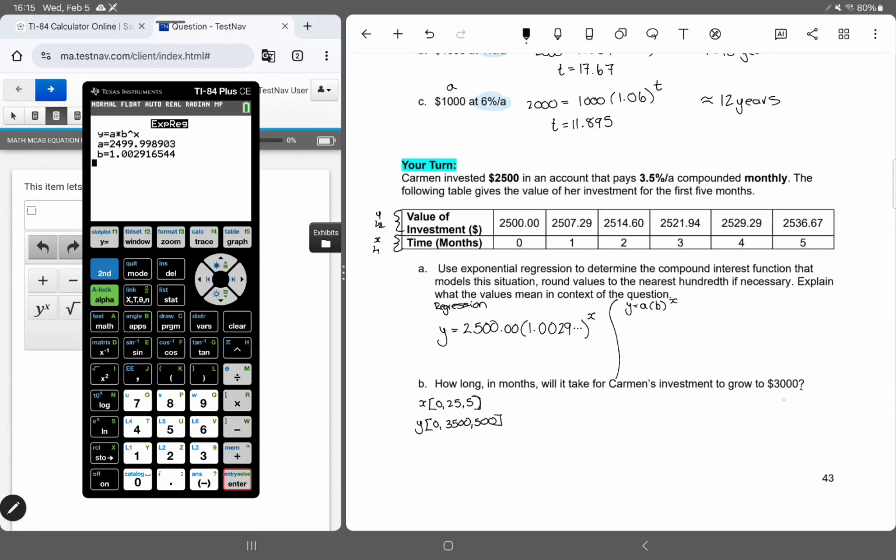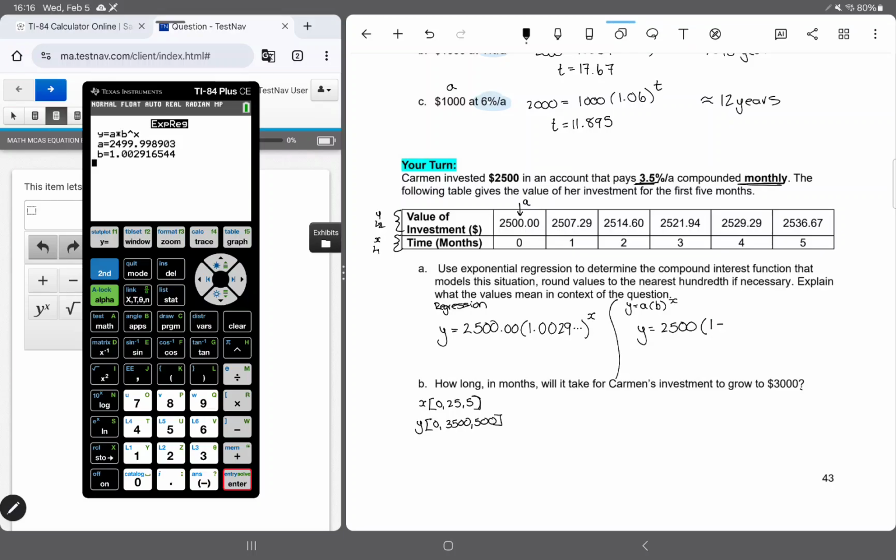All right, so for this one, we look here and we see our initial value, how much I started with, is 2,500. So y equals 2,500. B value, we have 3.5% compounded monthly.